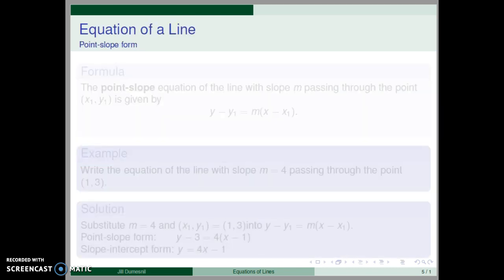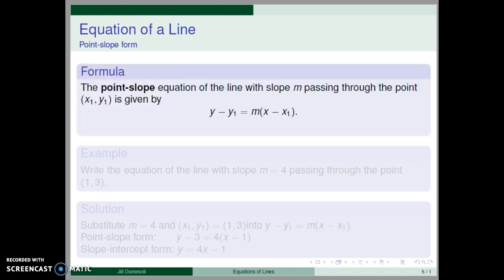We need a different formula if we are given the slope of a line and a point x1, y1 that is not the y-intercept. The point-slope equation of the line with slope m passing through the point x1, y1 is given by the equation y minus y1 equals m times the quantity x minus x1.